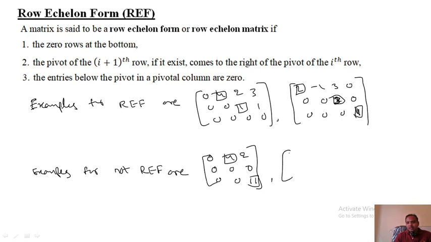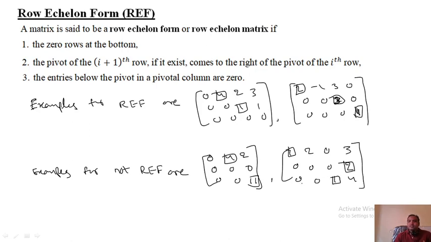Suppose you take 1, 2, 0, 3, 0, 0, 0, 2, 0, 0, 0, 1, 4. The pivots are this one, this one, and this one.